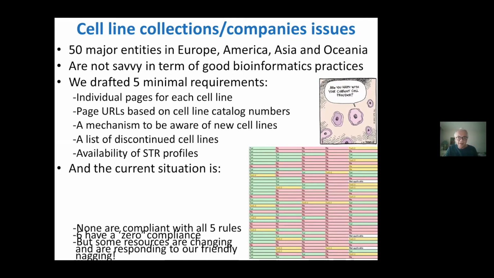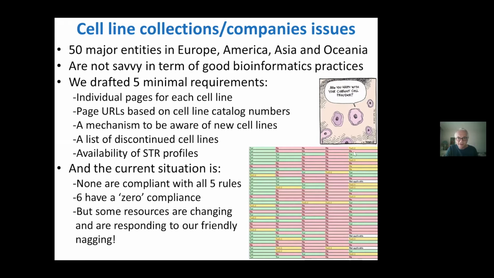Now, here visually, you see an extract of a spreadsheet, and you don't need to read it. I took away the names of the cell collections anyway, but you see those 5 columns for the 5 requirements. Basically, none of the 50 or so collections are compliant with all 5 rules, and 6 have even 0 compliance. So they don't even have individual pages, they don't have a mechanism.